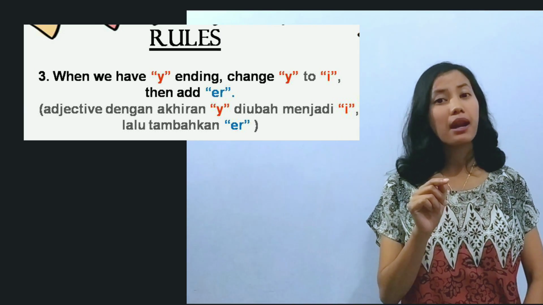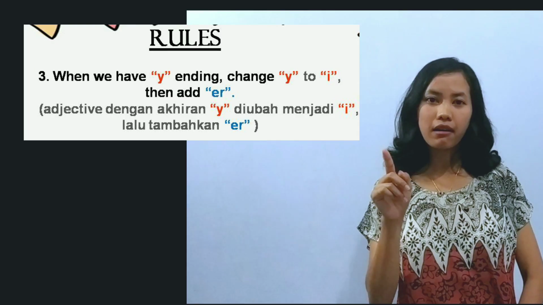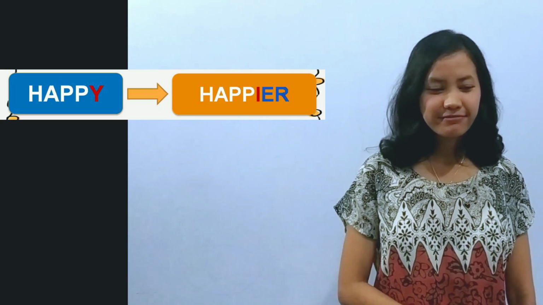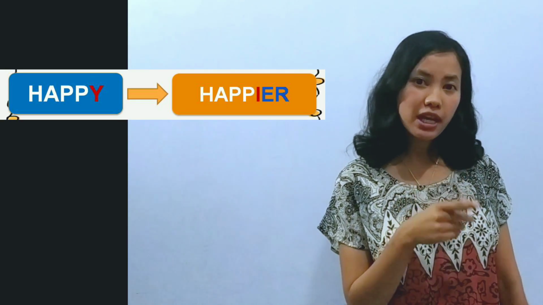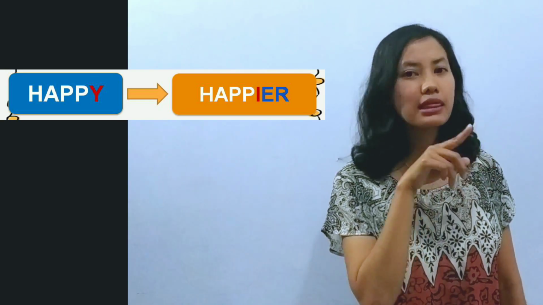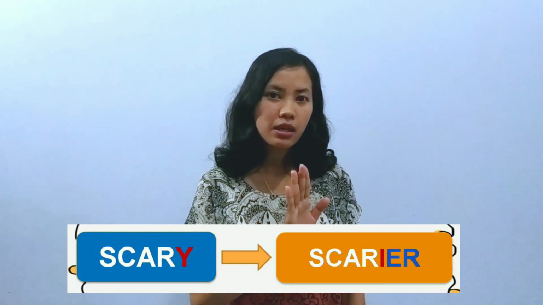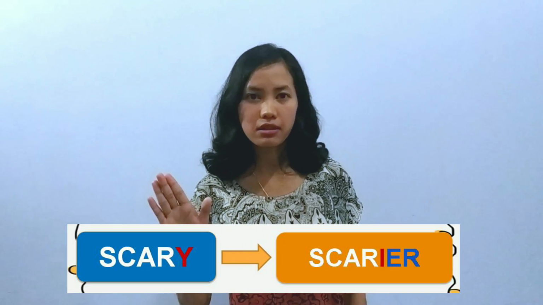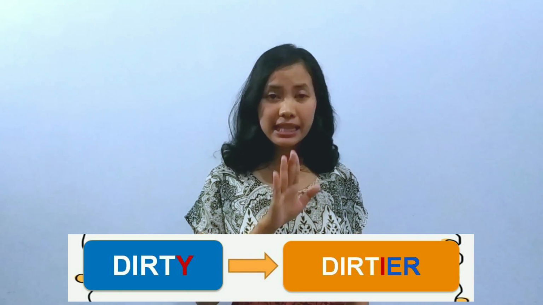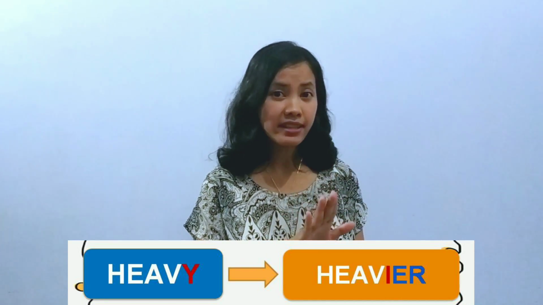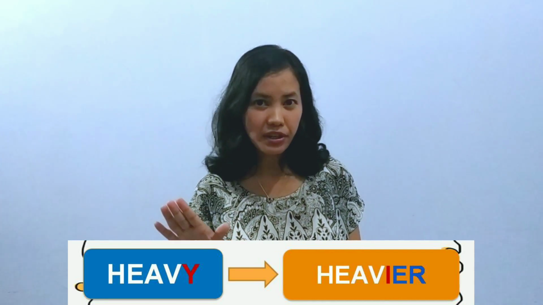Kemudian baru kita menambahkan er. For example, happy. So we have to change the Y with I. Scary becomes scarier. Dirty becomes dirtier. Heavy becomes heavier.